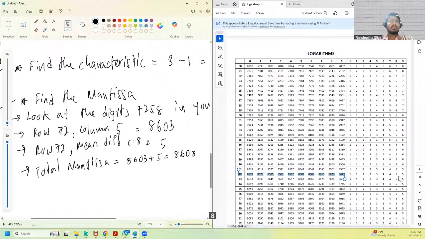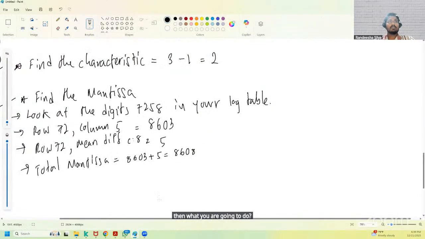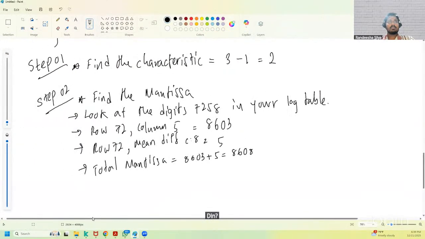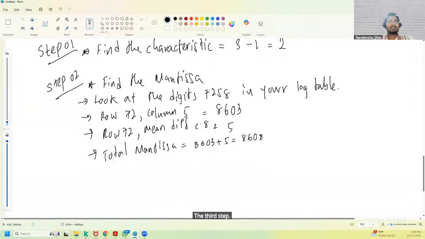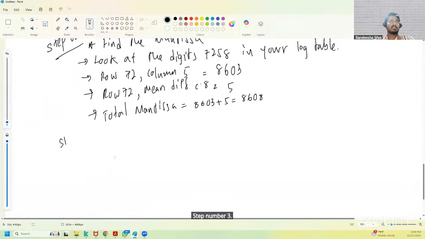Then step number 3 is to combine these two. How to combine?